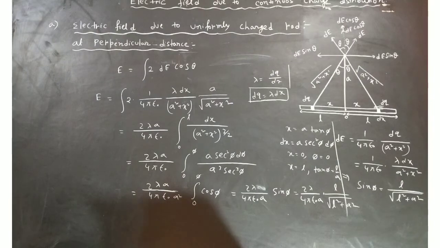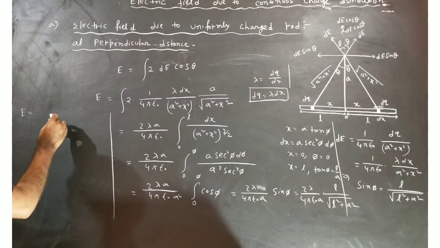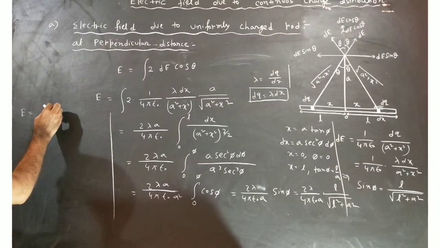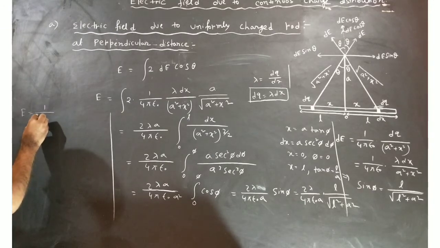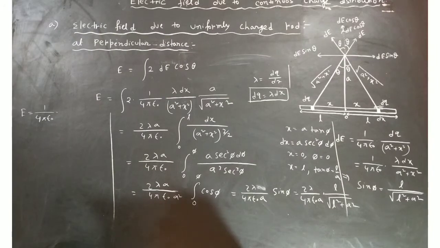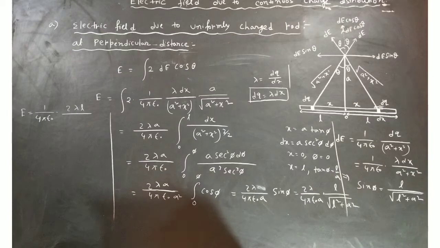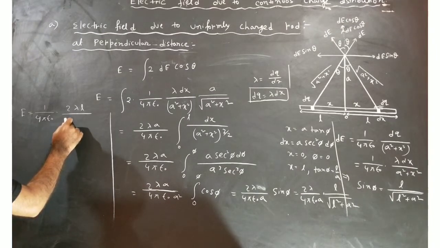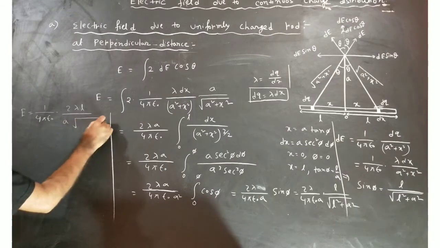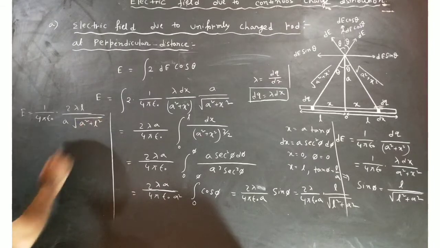The final expression of the electric field E is nothing but 1 by 4 pi epsilon naught into 2 lambda L divided by A into root L square plus A square, or you can write it as A square plus L square, okay.